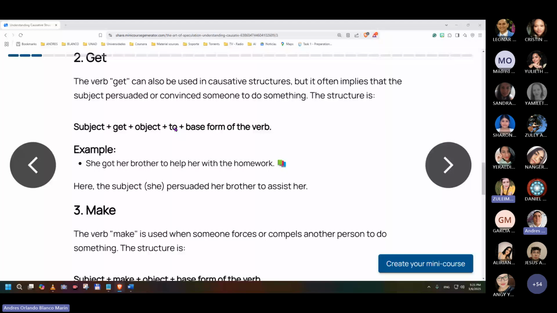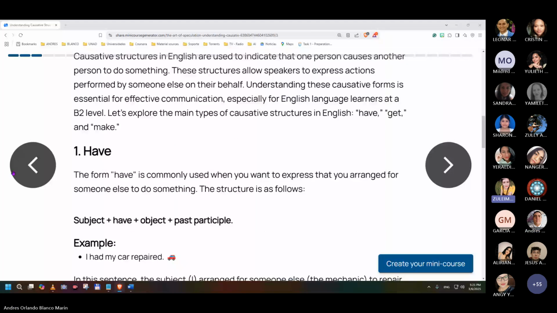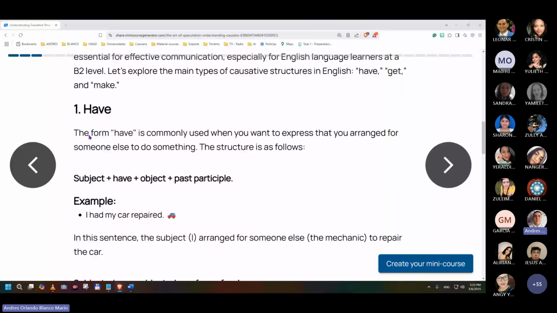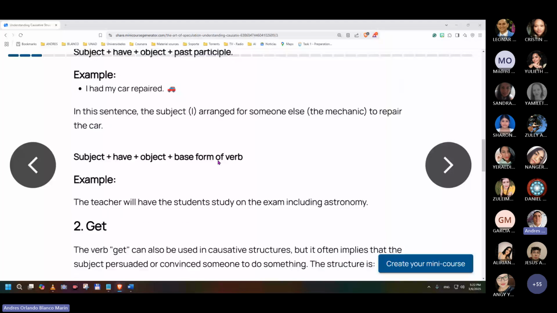This particle, to, is not used with have. So you can have this structure with the past participle or with the base form without the to particle.